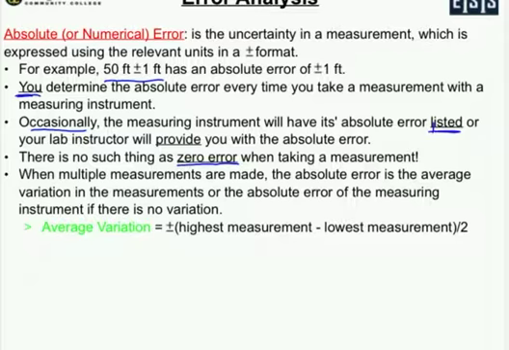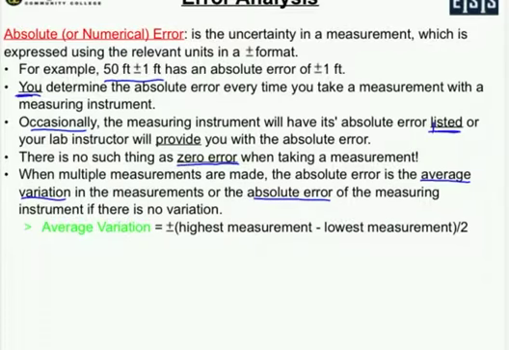Now, when multiple measurements are made, so if you're measuring the same thing 3-4 times, the absolute error will be the average variation in those measurements. And if there is no variation, meaning if you took 5 runs on a particular experiment and you got the exact same answer every time, then you just calculate your regular absolute error.